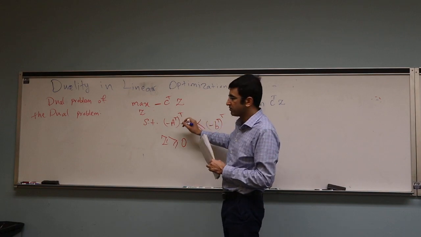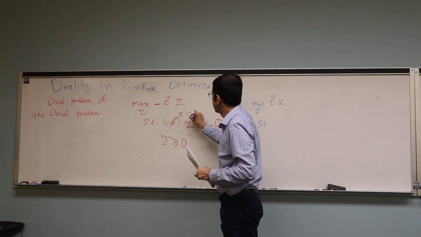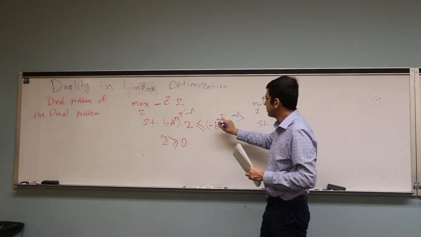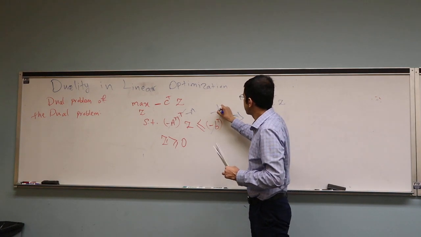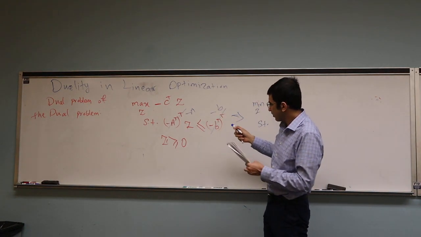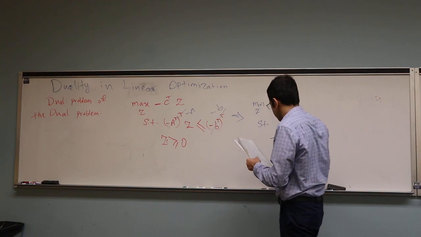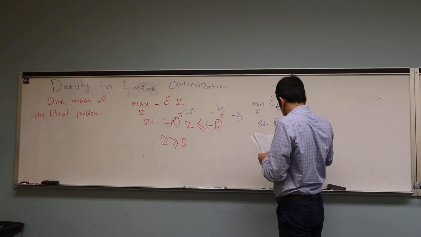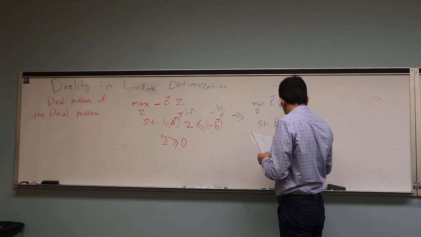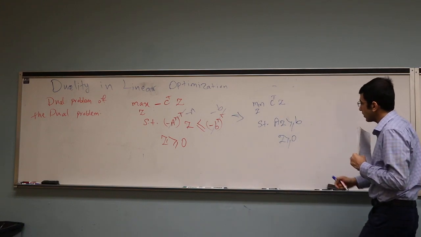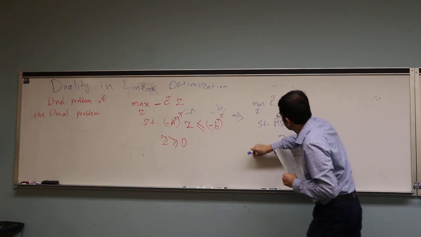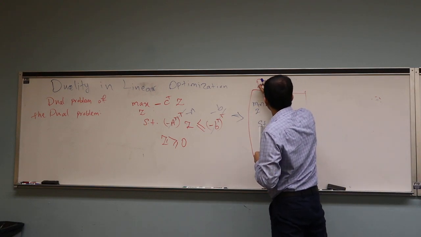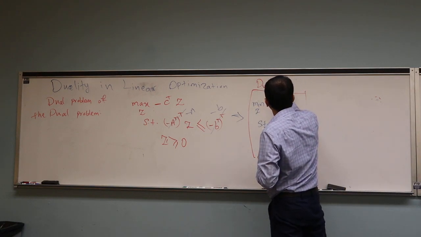Transpose transpose is the same as the original matrix, so negative A. Negative B transpose transpose is negative B. I'm going to multiply both sides of this by minus 1, so it will be AZ greater than or equal to B, and Z positive. Okay, so this is the dual of the dual.